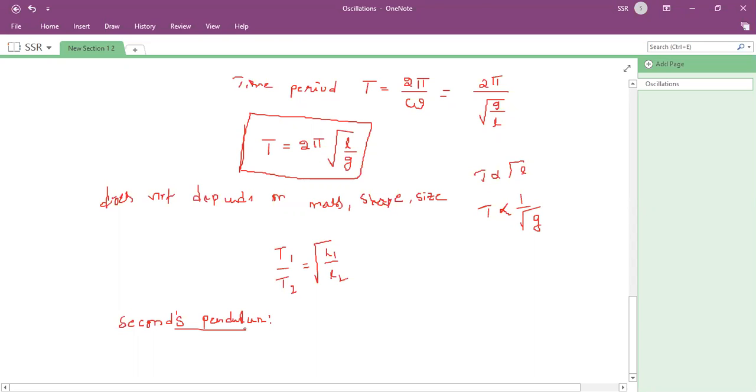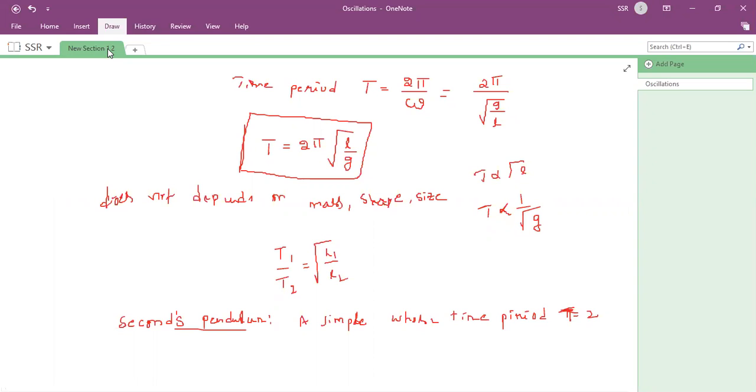A seconds pendulum means a simple pendulum whose time period of oscillation is T equal to 2 seconds. Are you clear on this? A simple pendulum whose time period T equals 2 seconds is called a seconds pendulum.